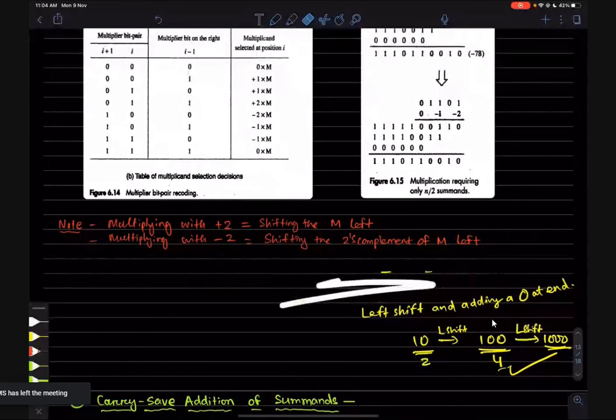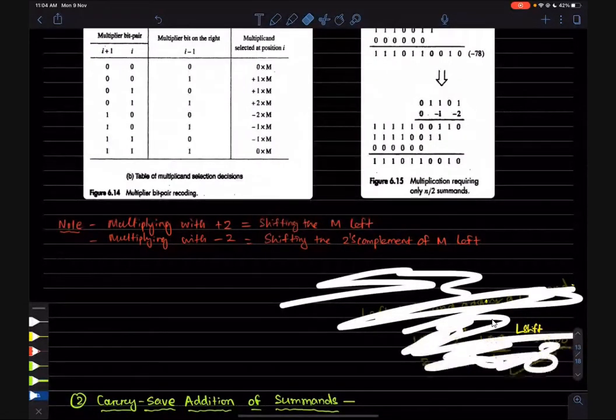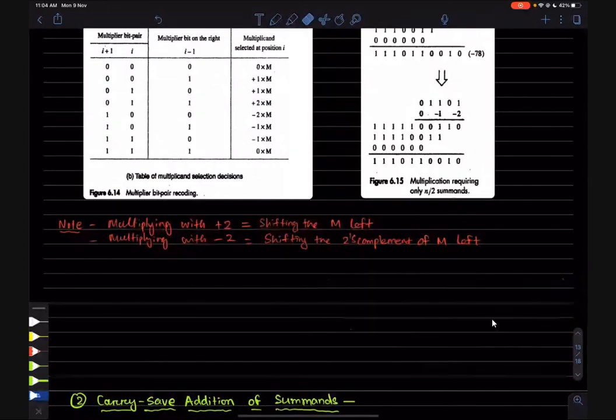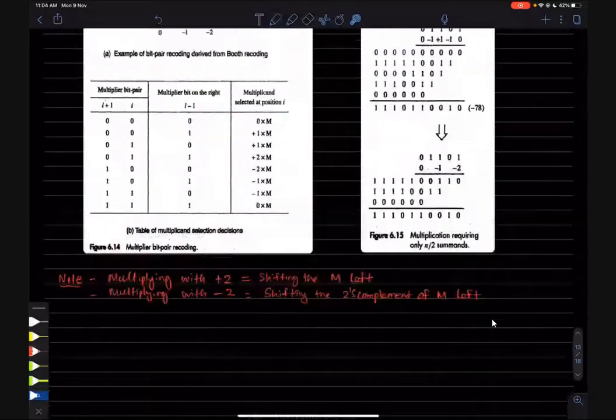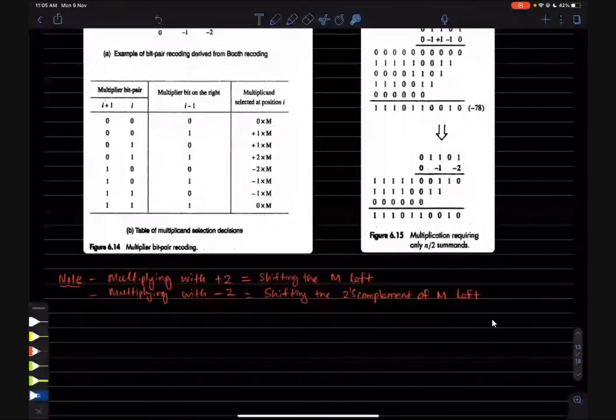In this multiplication we will do the same thing. What is plus 2 and minus 2? Very simple. Plus 2 means you have to shift m towards the left side. And minus 2 means shifting the 2's complement of m to the left side.